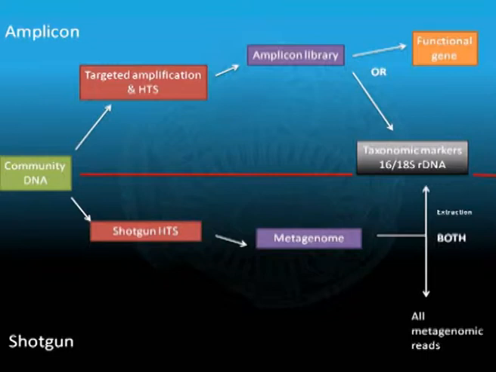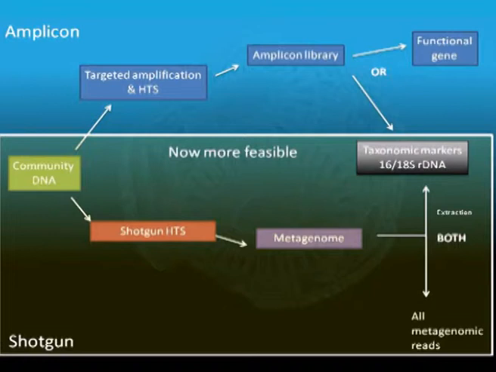One thing which is more feasible now is to generate large metagenomes, because you have a very high throughput now. And that metagenome will have both. We have all reads or all sequences from the community belonging to many different fragments, and you also have a good amount of taxonomic markers.